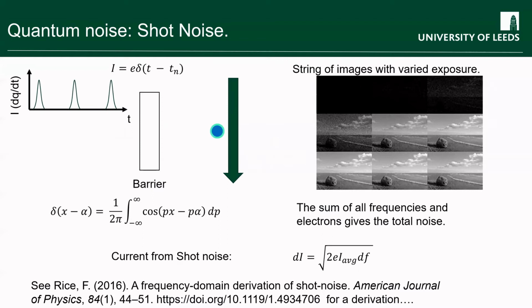Okay, the derivation of how to go from these intrinsic pulses of current to a noise is beyond the scope of these lectures. So I've given you a reference to a paper which does this. But broadly speaking, we can think of these things as a series of current pulses on top of whatever background current you're measuring. And that effectively means you can think of that in terms of an oscillating current going backwards and forwards.